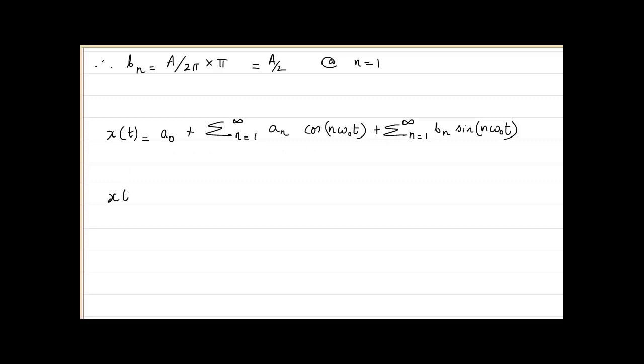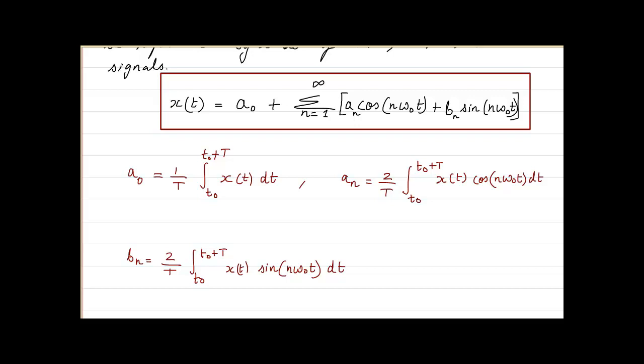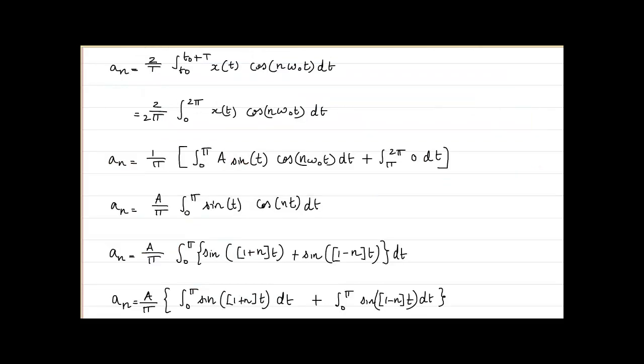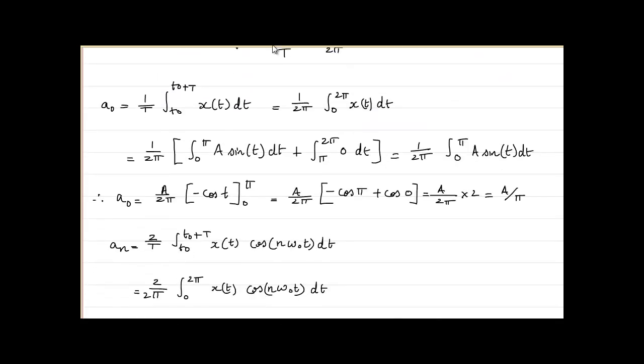We just now found out a naught to be a by pi. If you remember, we first solved for a naught, and we found it to be a divided by pi.